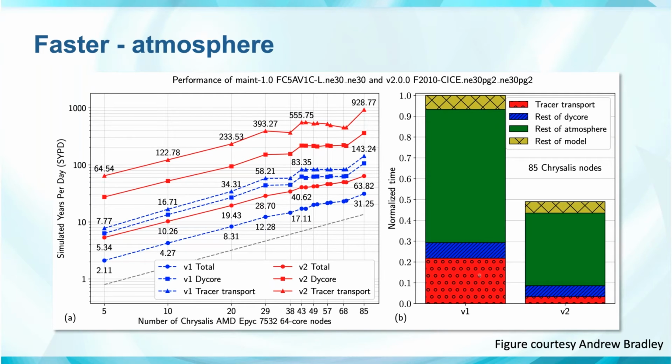This is really wonderful news for future applications that rely on additional tracers like aerosol and chemistry. And the rest of the dycore actually went down as well. This is a substantial achievement because we also have the ability to do non-hydrostatic with that dycore now. And then the rest of the atmosphere went down by also nearly a factor 2 due to the use of the physics grid, which you've heard before.